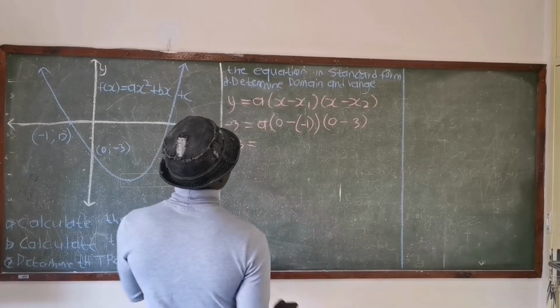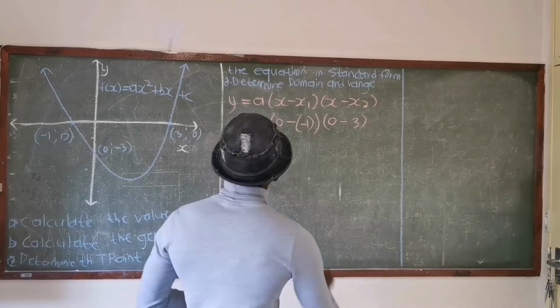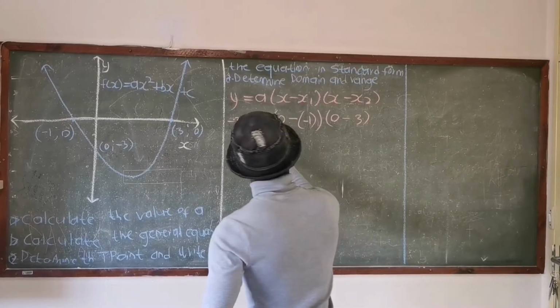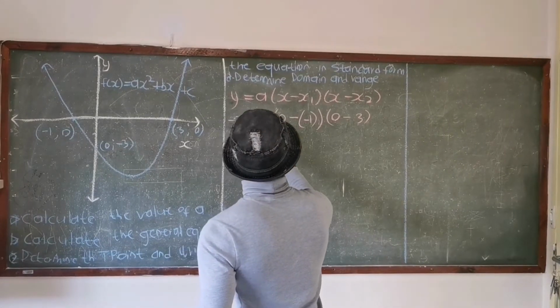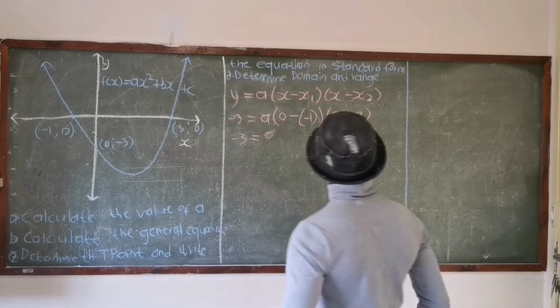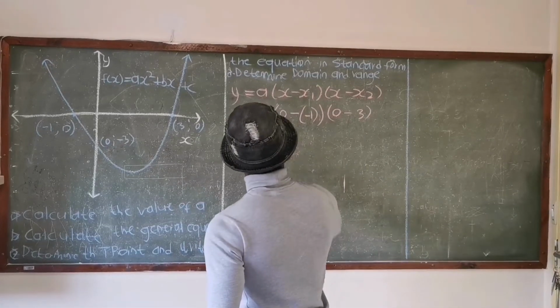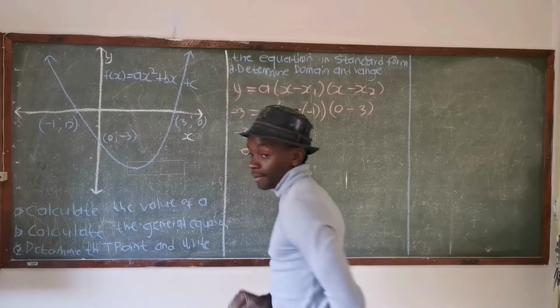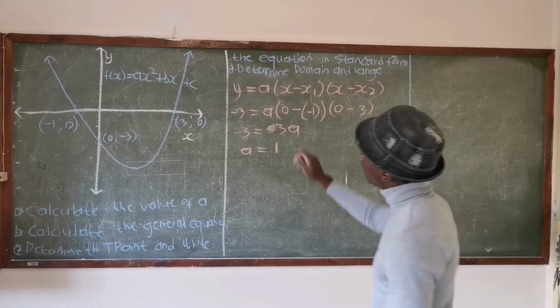As you can see here, now we multiply. This one by this one is going to be negative 3a, where our a equals 1. So we finally found our a.